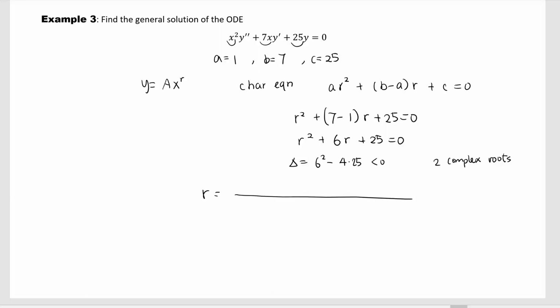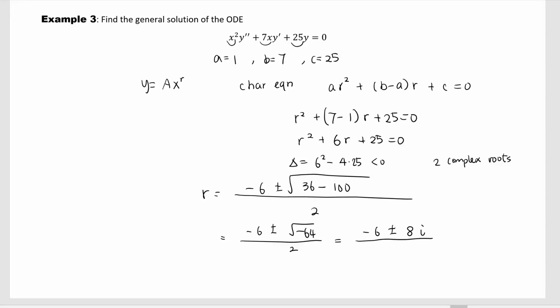We have 2a, a is 1, so just 2 in the denominator. Then negative b plus or minus the square root of b squared, 36, minus 4ac, which is 100. Do you know what 36 minus 100 is? It's negative 64. The square root of 64 is 8. The square root of minus 1 is i.